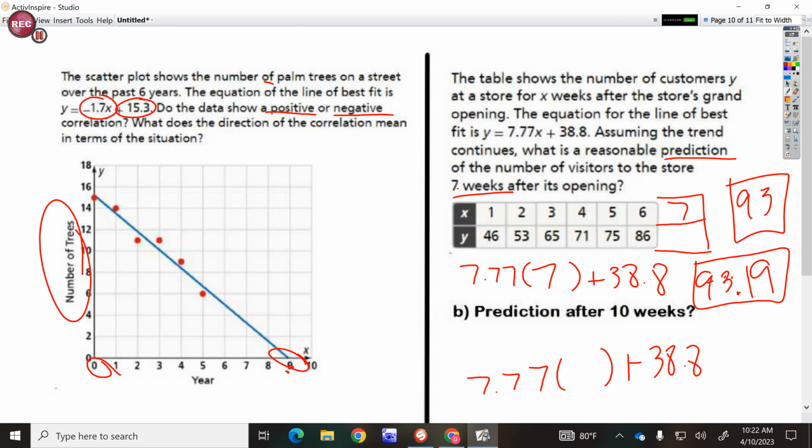Unless they say round off to the nearest tenth, then you're going to put 93.2 because the 9 bumps it. You with me? So what do you think I'm going to do for a 10-week? Put the 10. So that's going to give me what? 116.5 or something like that. What is it? Huh? Yeah.